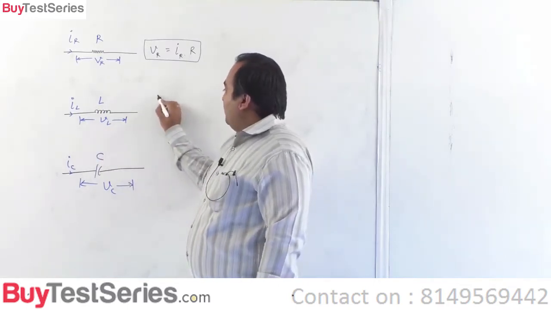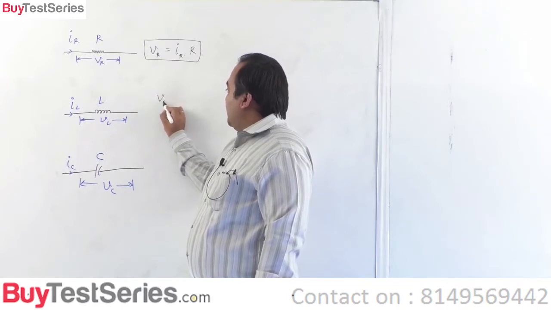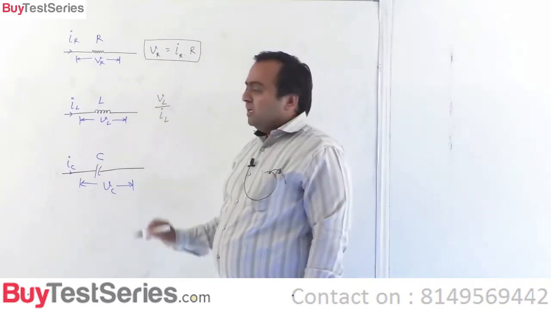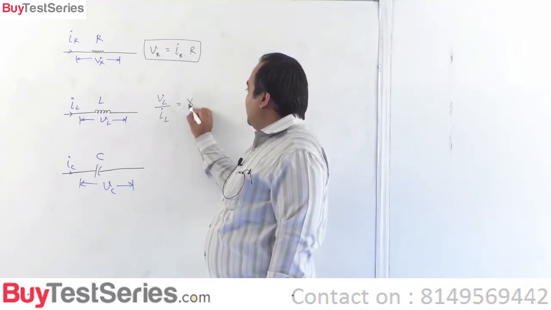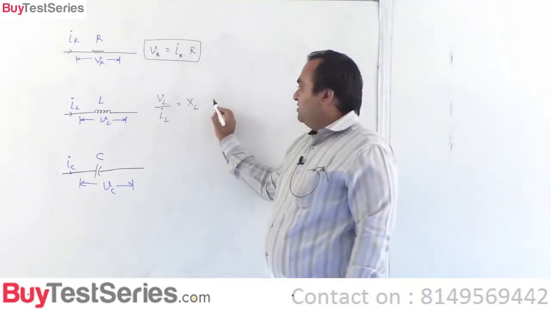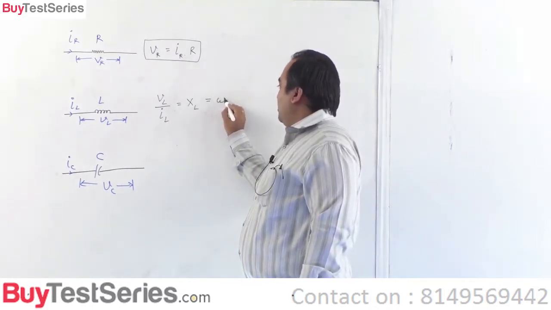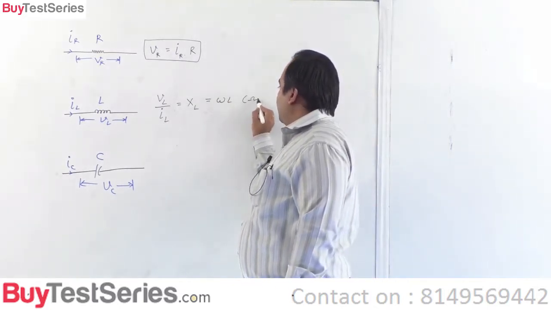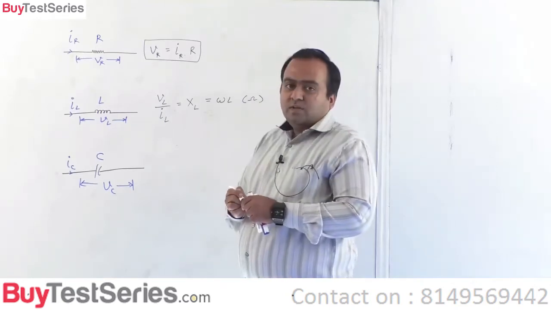the ratio of the voltage across an inductance divided by the current flowing through an inductance is called the inductive reactance, which is equal to omega L, having the dimension of ohms. Is this okay?